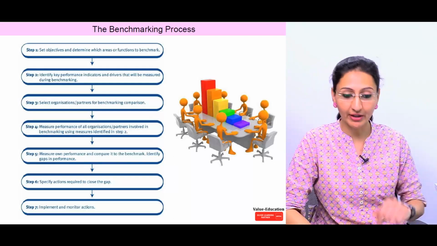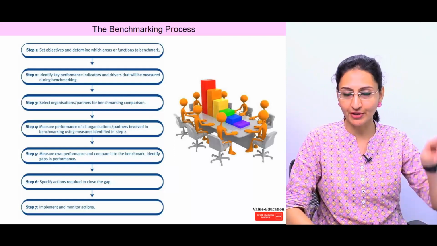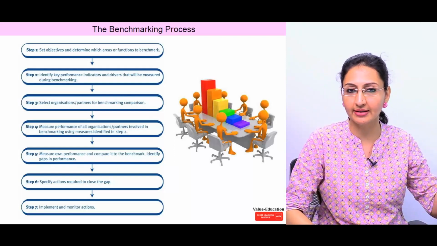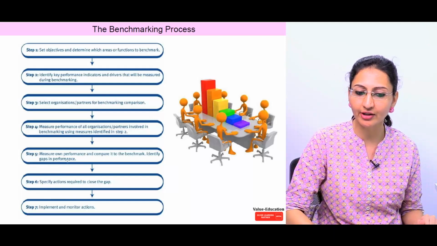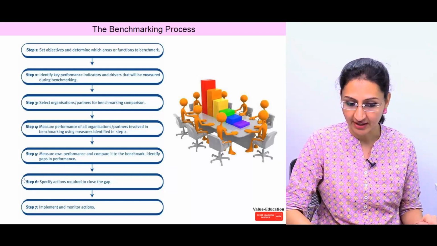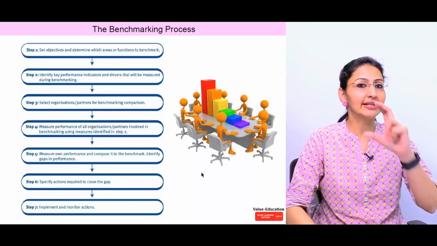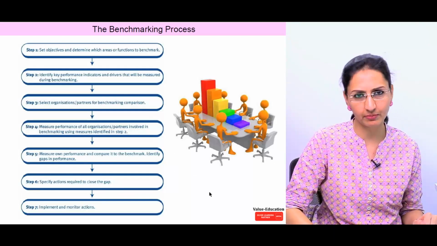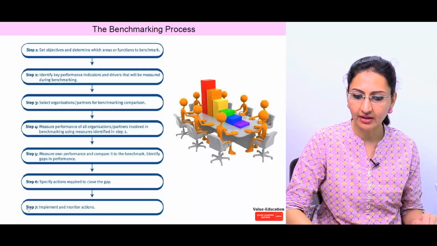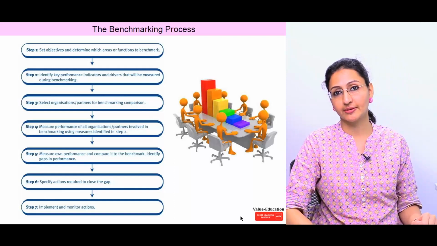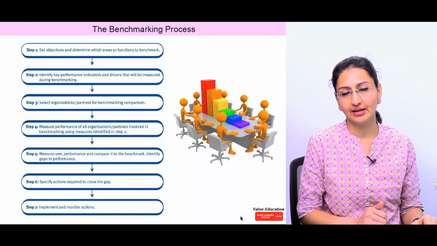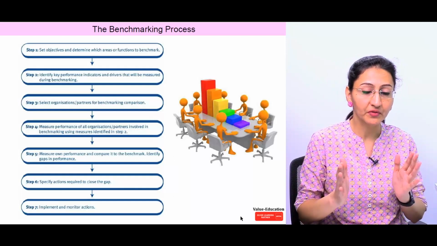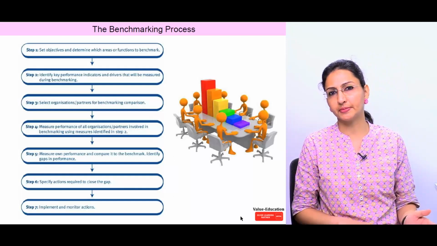That means when you have already measured the performance of your competitors or your partners, now it's your turn to measure your own performance. Step 6. If there is any gap, specify certain actions so that this gap can be reduced. Step 7. Now monitor the actions, corrective actions. If there is still any gap, try to cover it up.